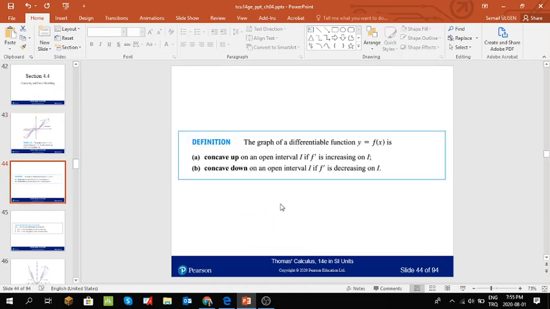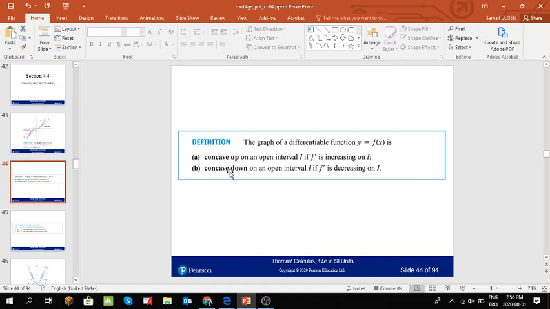Next, we are going to give a formal definition. We start with a differentiable function. The graph of a differentiable function is concave up on an open interval I if the first derivative is increasing on I. In other words, the slopes of the tangent lines are getting bigger.